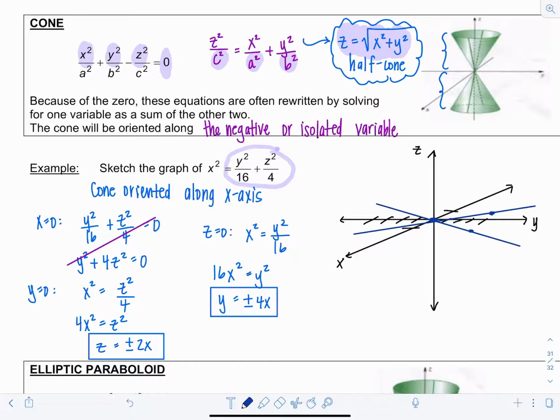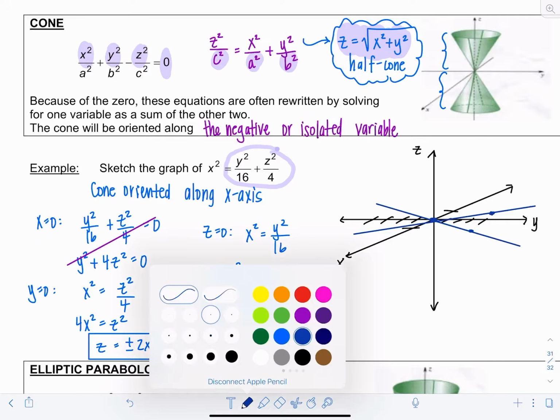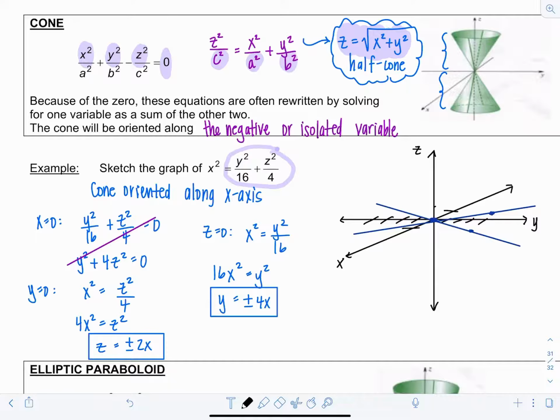And we have z equals plus or minus 2x. So if I go up 2 in the z direction, I'm going to go over 1 in the x direction. So that would be here to the origin. I've got this line, and then one more over here.